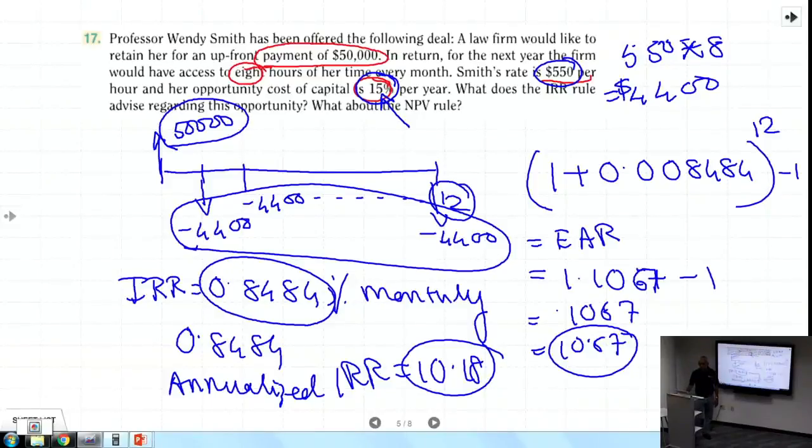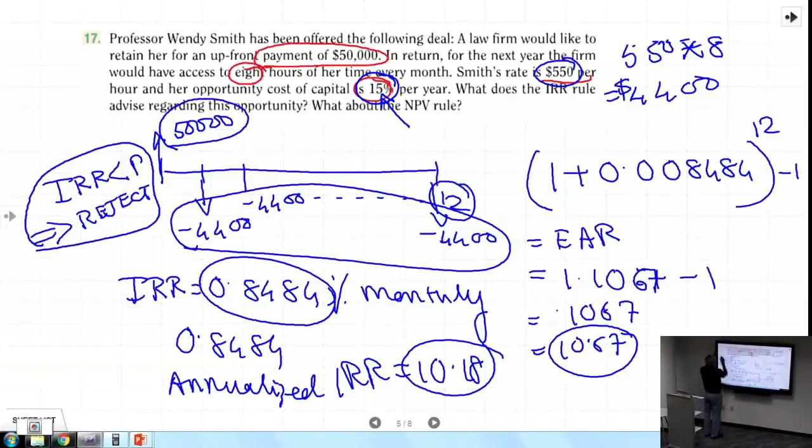Since the internal rate of return is less than the opportunity cost of capital, in this case, we are going to be accepting it. Now, here is the key. Typically, when IRR is less than R, our decision is to reject. But this holds true if the cash flow is a normal cash flow, which is negative first, followed by positive later.